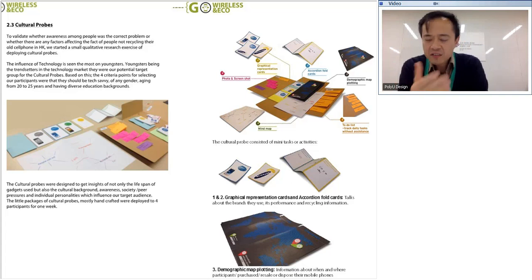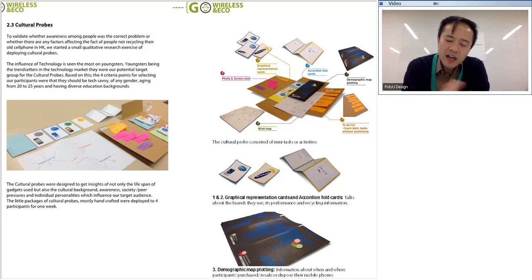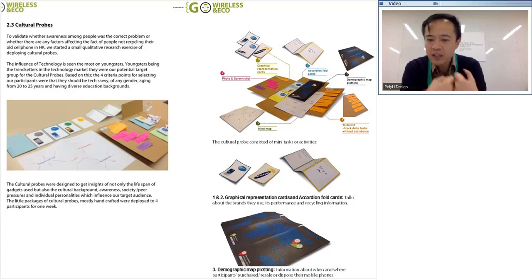Just like this example, we need to make things in order to do research. So research and making, or research and designing, actually go hand in hand. They are not two separate processes. They always converge.